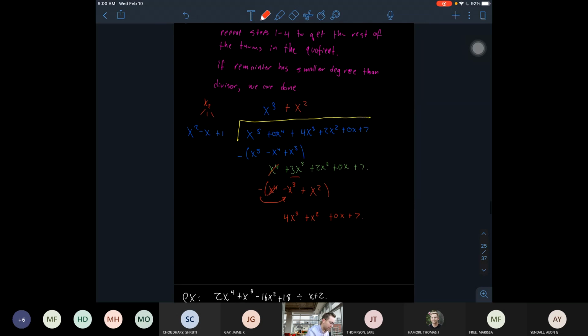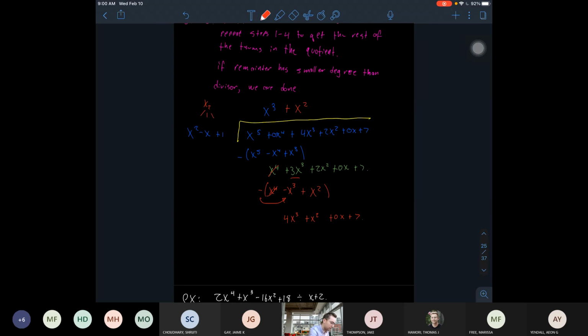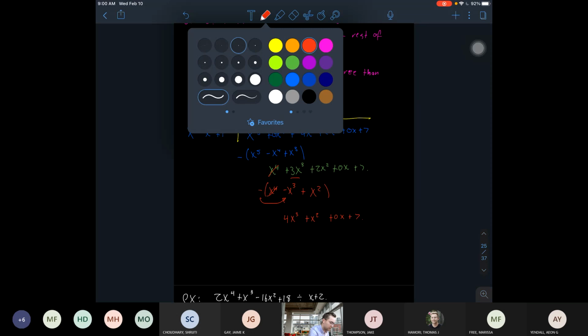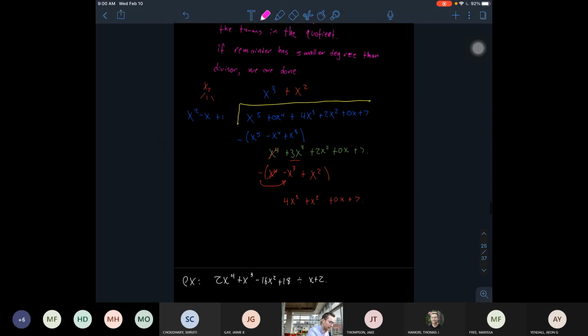Okay, so now we just want to continue this again. Only now what I want to do is find out what I should multiply x squared by in order to get 4x cubed. Well, that would be 4x. And now I'm going to subtract this thing, except I'm going to multiply by 4x.